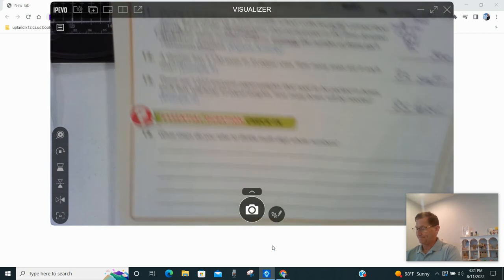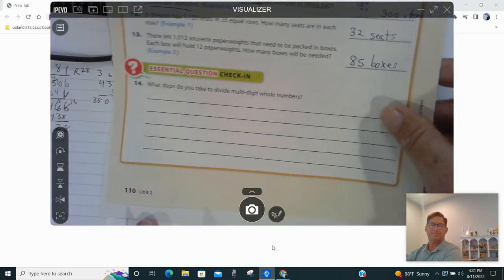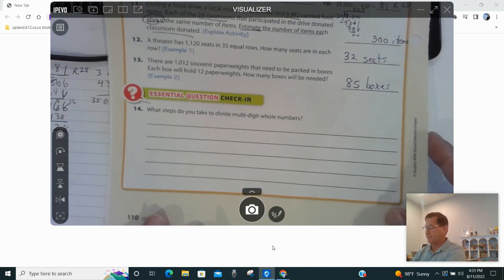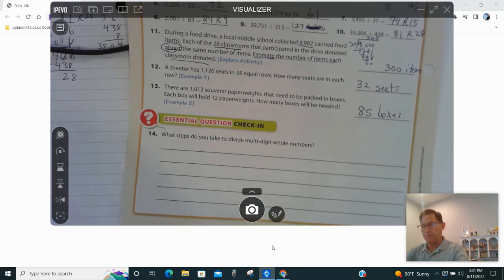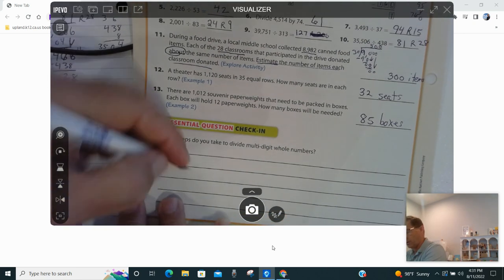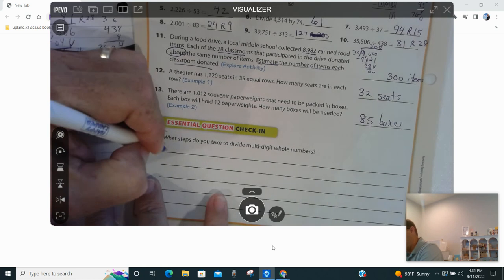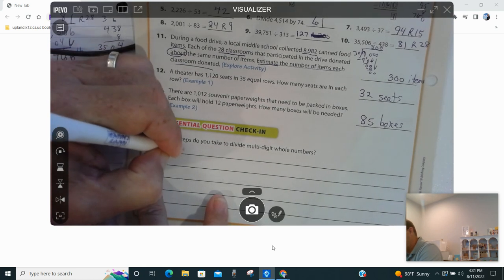All right, 14. What steps do you take to divide multi-digit whole numbers? All right, so what have we been doing? Well, we start from left to right in the dividend.